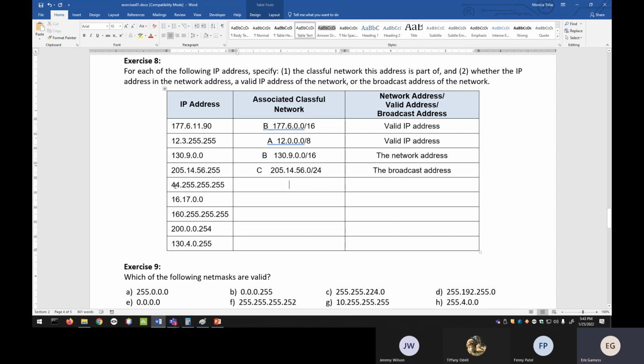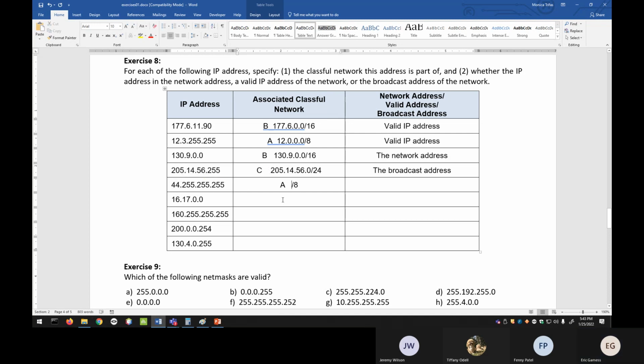Let's take this example. Is this IP address class A, class B, or class C? A. The first byte, 44, is between 0 and 127. It's class A. So the net mask by default is going to be 255.0.0.0, which is /8, which means I cannot change this byte, and I'm free to change as I want the last 3 bytes.